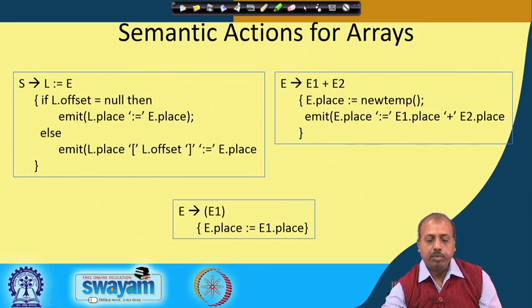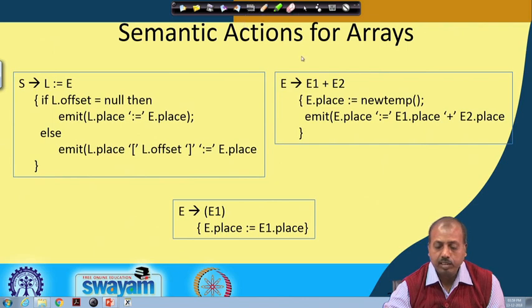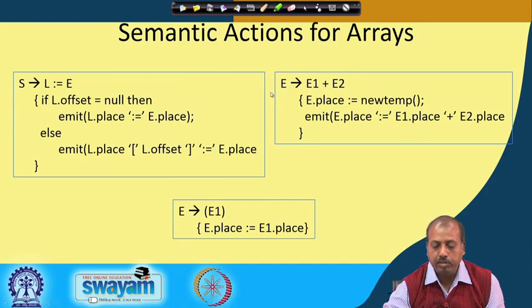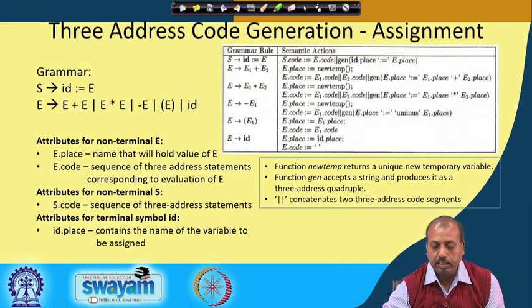Like the example that we had taken, we have seen that this gen part was used for this E dot place and this thing, generating code for arithmetic expression.